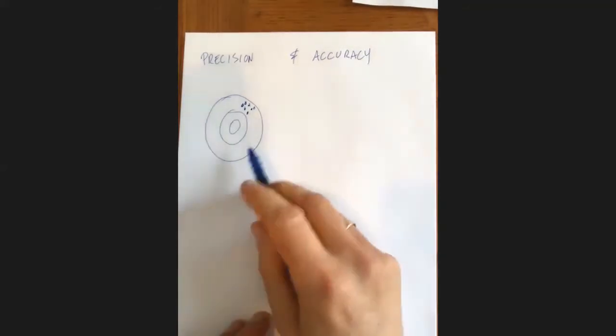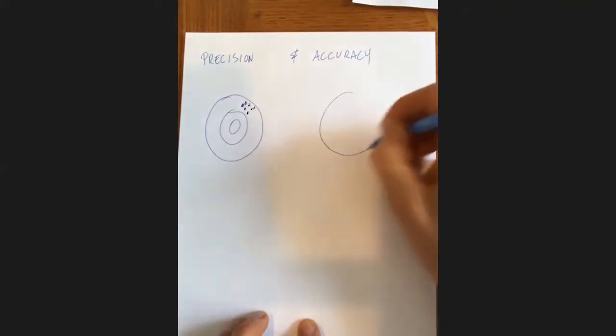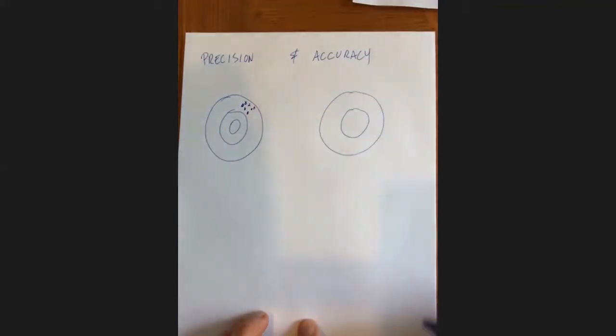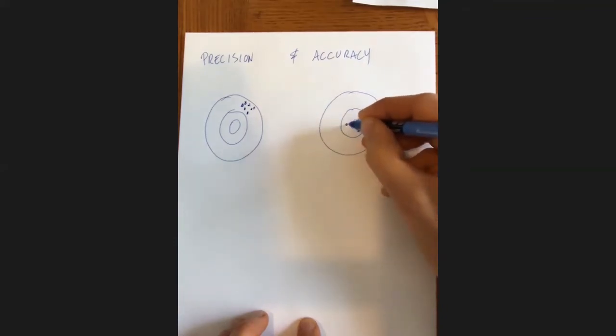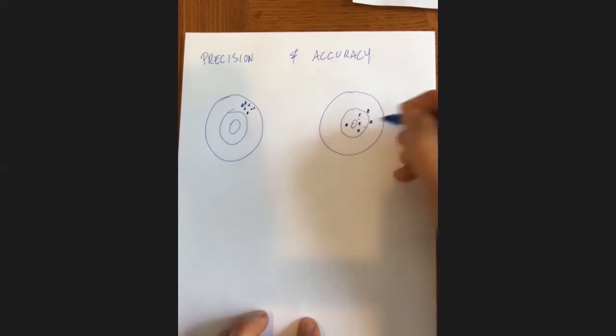Versus accuracy, all your points are going to be closer to the center, but that doesn't mean they're all clustered up. That means they might be more spread out, maybe more variable is a way to say it.